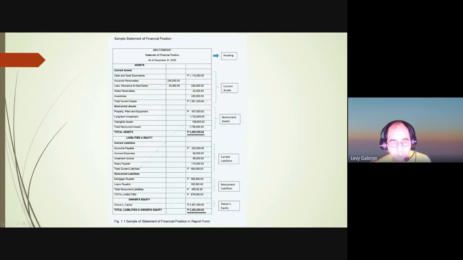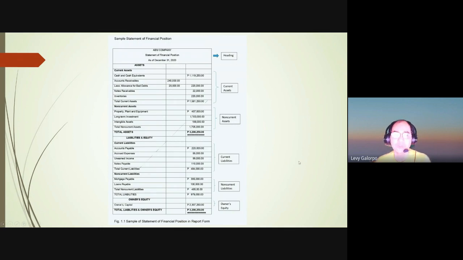Di ba, we have different forms of business organization. We have the single proprietorship, we have the partnership, and we have the corporation. By just looking into this financial statement, ano sa tingin ninyo ang form of business organization ng ABM company?